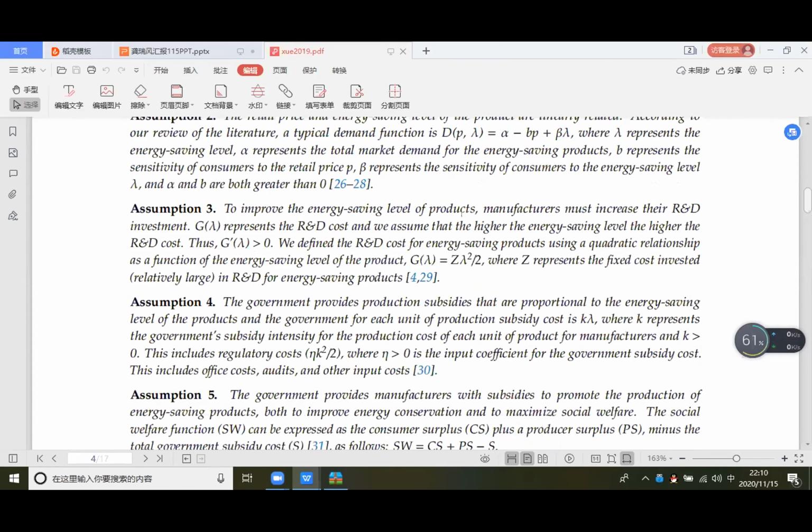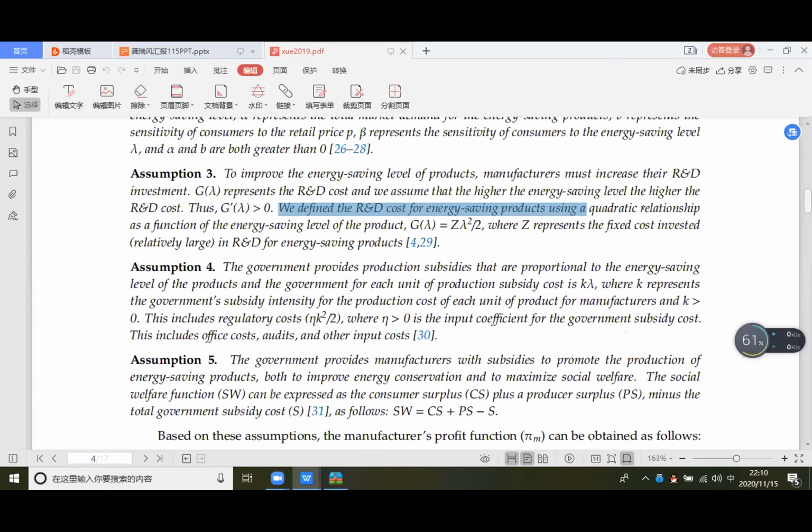So to improve the energy saving levels of products, manufacturers must increase the sales investments.